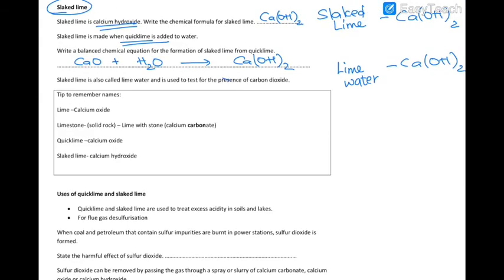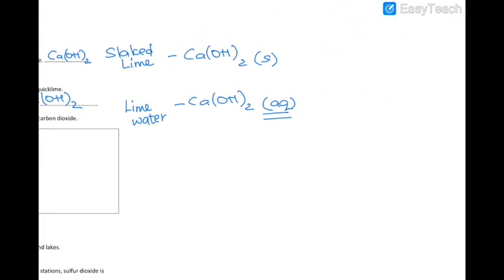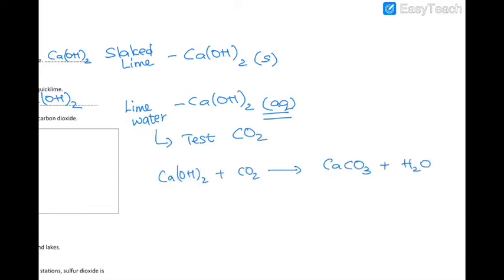Now, slaked lime in the aqueous state is also called lime water, and it's used to test for the presence of carbon dioxide. When you bubble carbon dioxide in calcium hydroxide, in lime water, you have the formation of calcium carbonate.